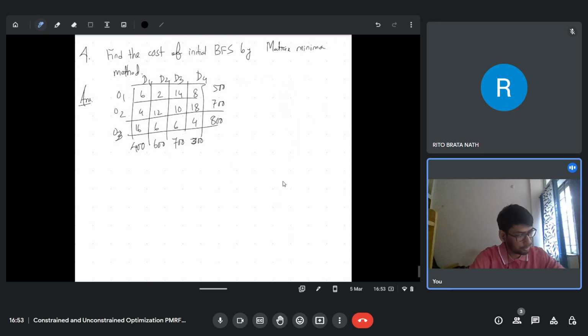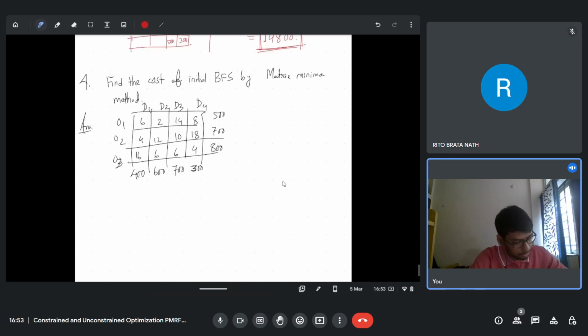Here it's 2, which is the overall minima in this problem. And let's see how much we can allocate. Actually, 500 can be allocated here. So this becomes 0. This becomes 100.